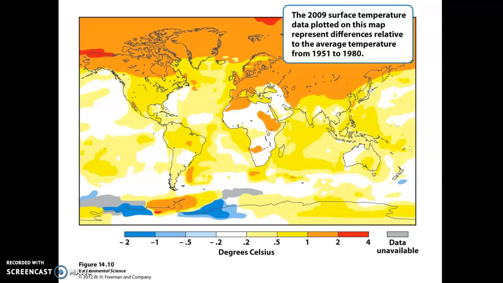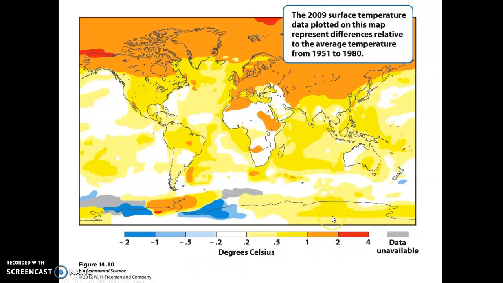So again, we averaged all of that surface temperature data from 1951 to 1980, and then listed whether the current temperature change was an increase of 0.5 degree, 1 degree, 2 degrees, 4 degrees, or a decrease of any of these numbers. And the takeaway point here is that the changes that have occurred are not globally uniform. So the entire globe did not increase by, let's say, 2 degrees or 4 degrees.